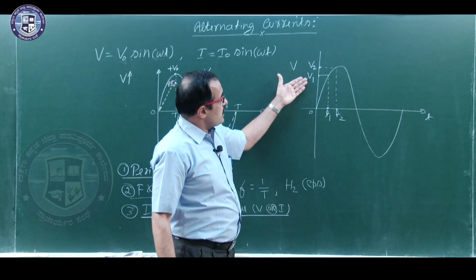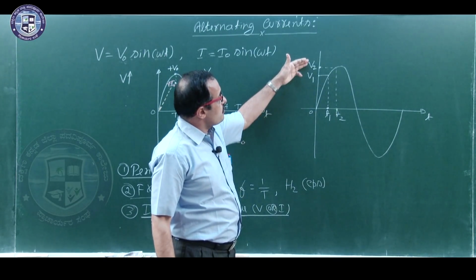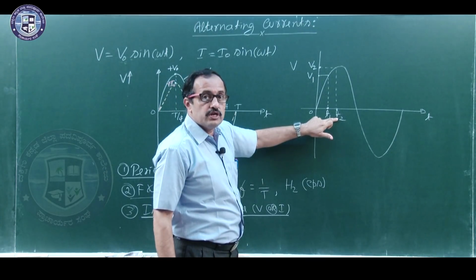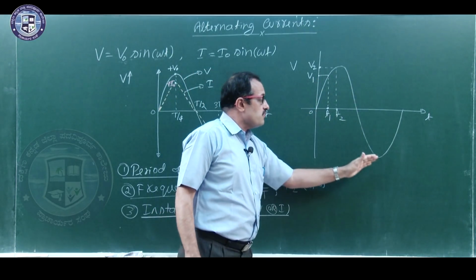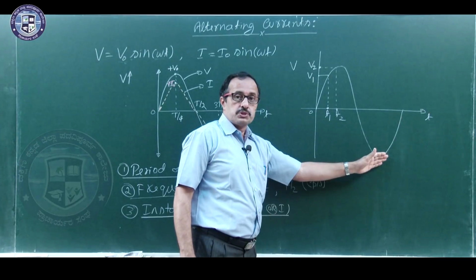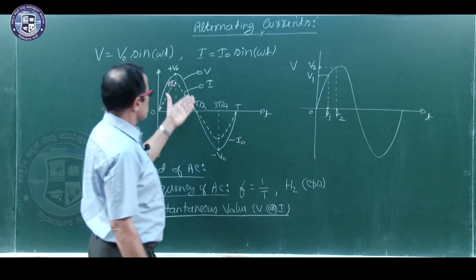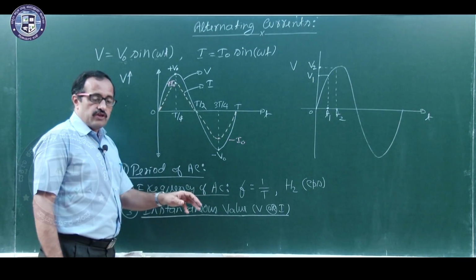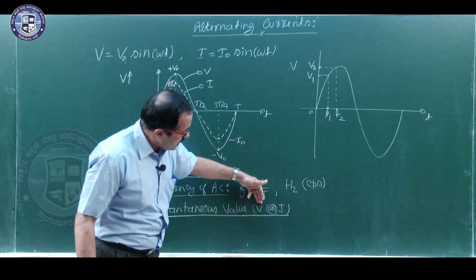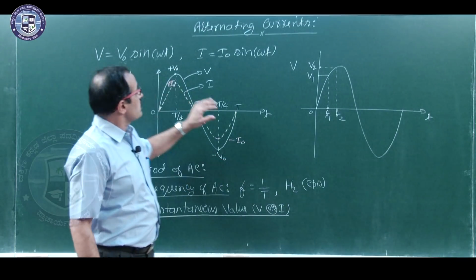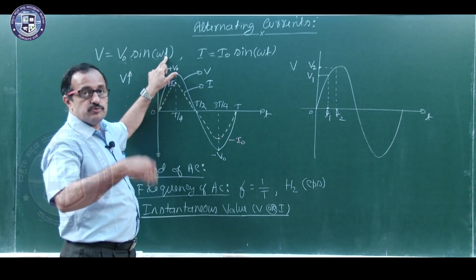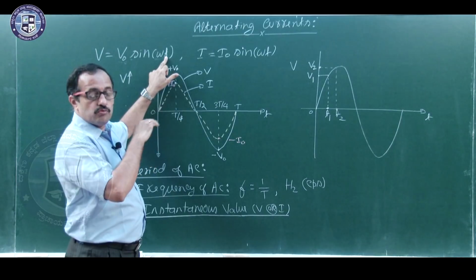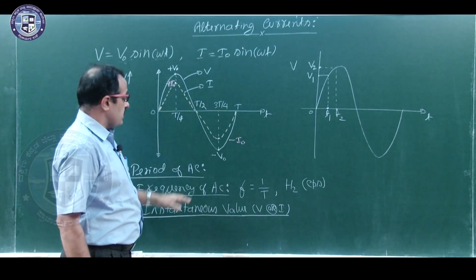V1 is the instantaneous value at time t1, V2 is the instantaneous value at time t2. So, actually it is the graph of instantaneous values. Like that, current also. Therefore, the instantaneous value of AC is the value of voltage or current at the given time. As time changes, both V and I are changing, known as instantaneous value.